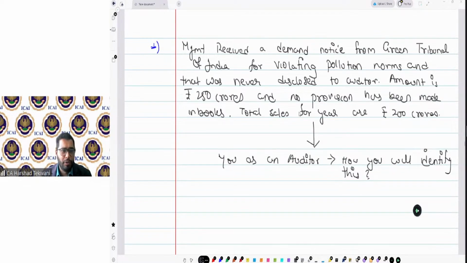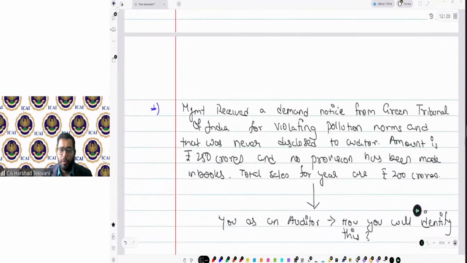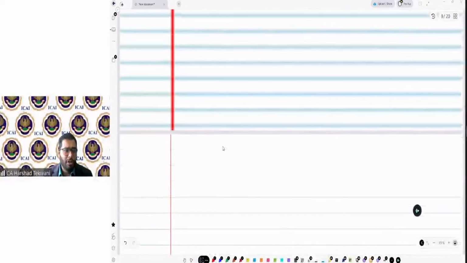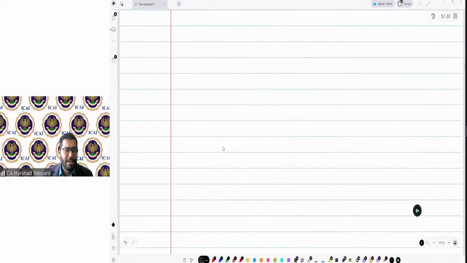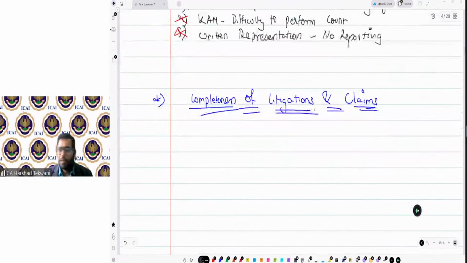Come on, guys. What will you do? If this is the scenario, how will you ensure the completeness of the claims and the litigations? Let's say I'm talking about this demand of 250 crores where the company has sales of only 200 crores. Why would management provide you that detail?